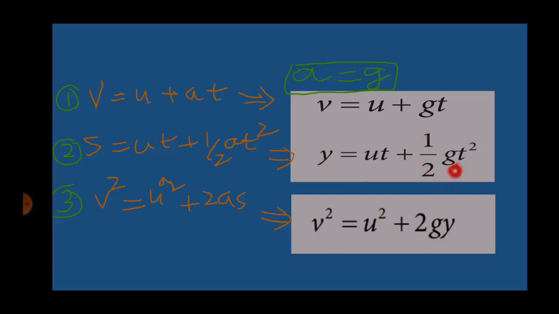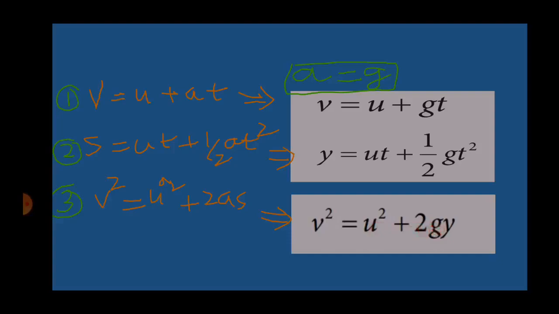And one more equation, the square of the speed of the particle, that is v square, when it is at a distance y from the top of the hill, is given by v square is equal to u square plus 2gy. Are you clear? Okay.